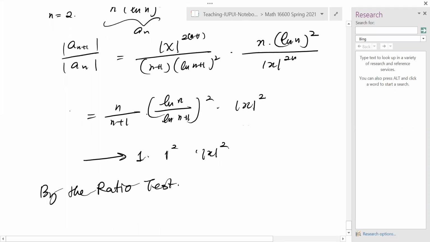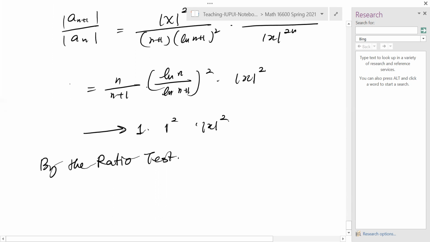So as you see, for the power series, we more likely use the ratio test or root test. But at the end point, sometimes we use the alternating series test to check whether it's convergent.